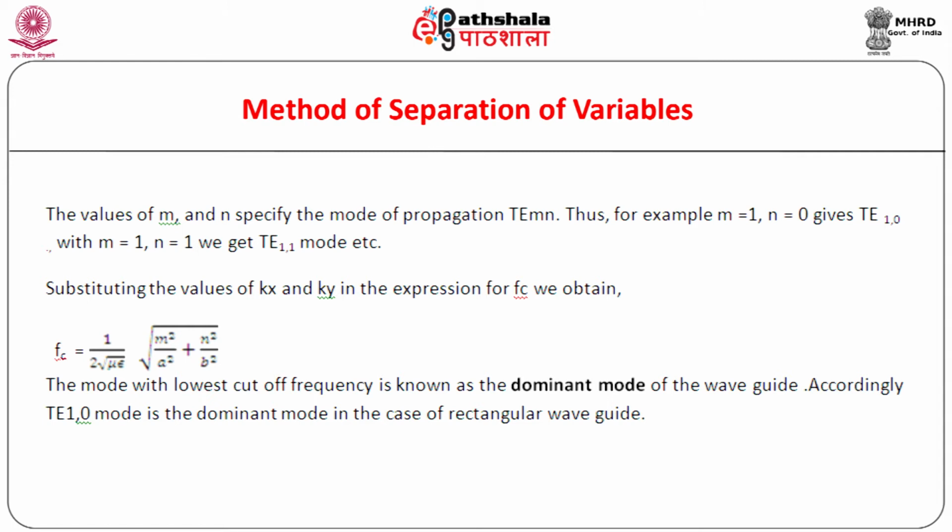With m is equal to 1, n equal to 1, we get TE11 mode, etc. Substituting the values of k x and k y in the expression for f c, we obtain f c is equal to 1 upon 2 under root mu epsilon into square root of m square upon a square plus n square upon b square. The mode with lowest cutoff frequency is known as the dominant mode of the waveguide. Accordingly, TE10 mode is the dominant mode in the case of rectangular waveguide.